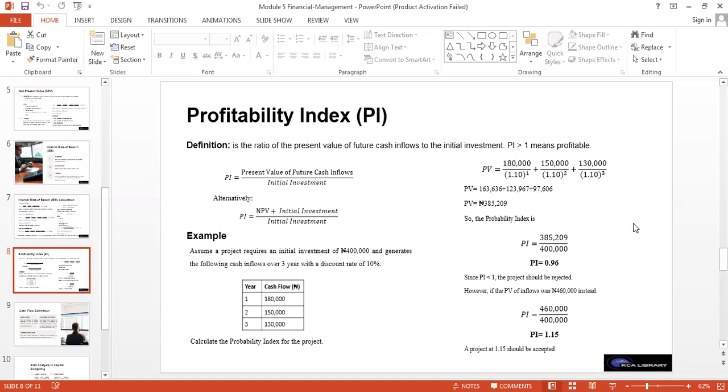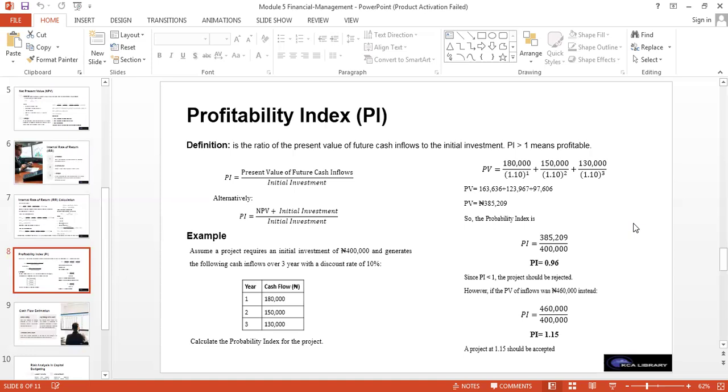And when we talk about the decision, PI greater than 1 should be accepted because it is profitable. Now, since this is not up to 1 or above 1, it should be rejected.